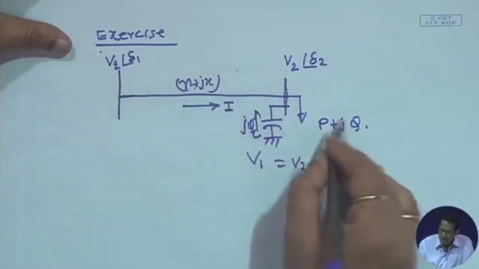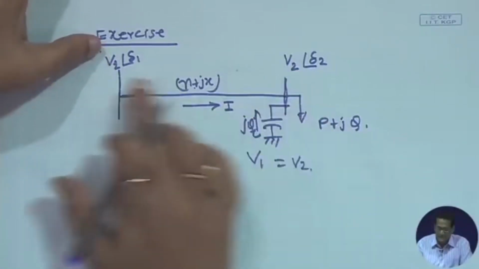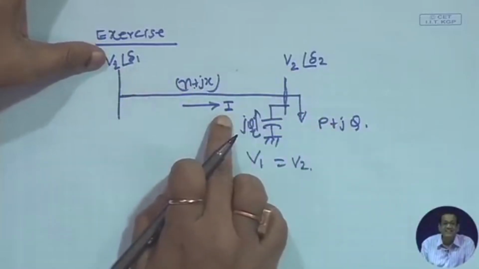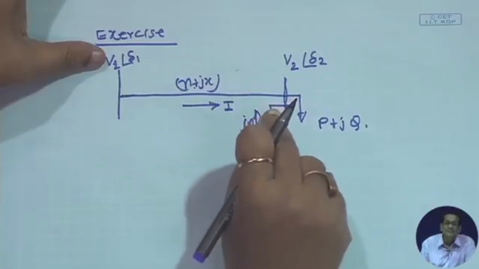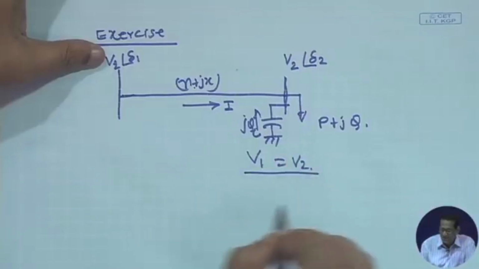Initially when it was not there, V2 was less than V1, it is a lagging load, and current is flowing in this direction. As soon as I put some value QC here, I want to maintain V1 equal to V2.